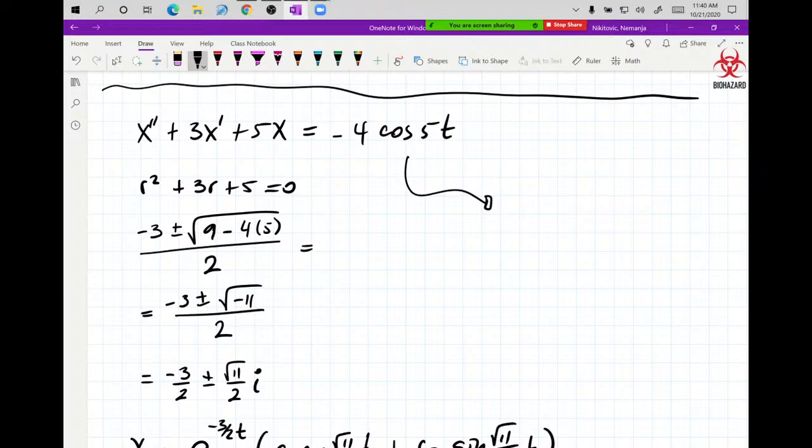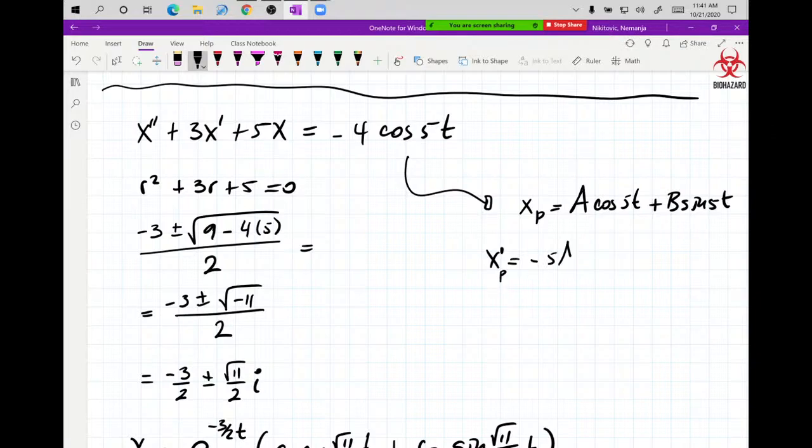So the immediate response over here is that xp is going to be a cosine 5t plus b sine 5t. That's given, and then we just need to find the derivatives.